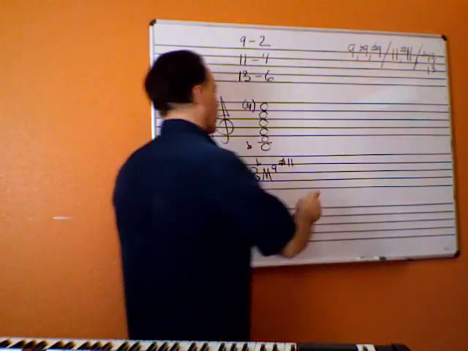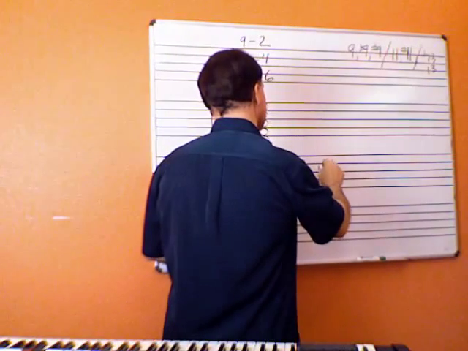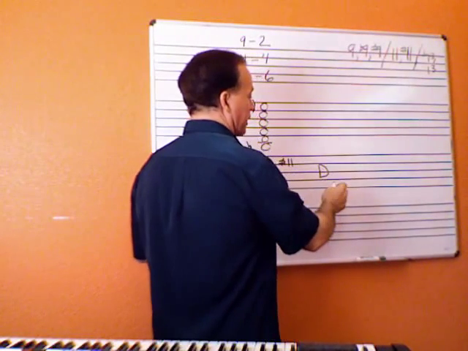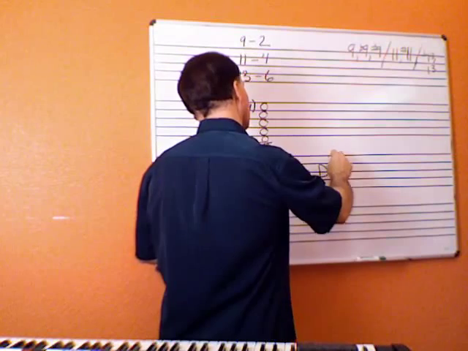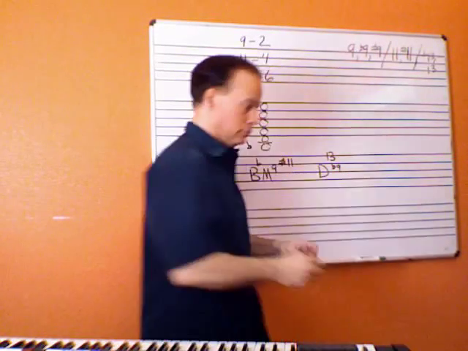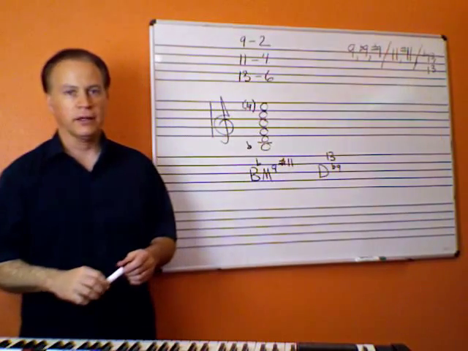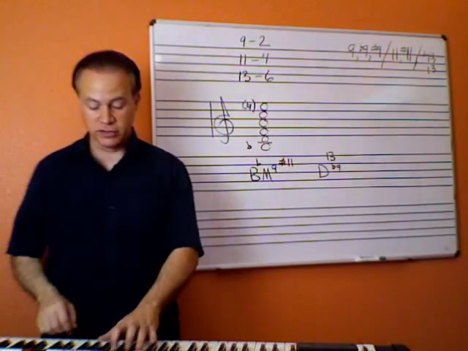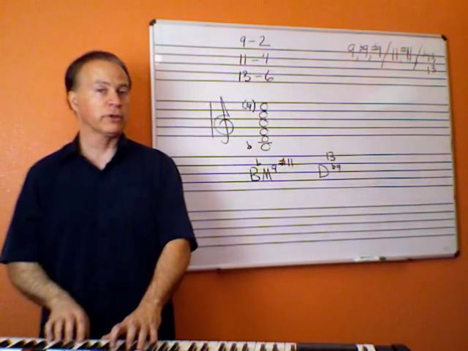Let's build one from, how about from D? This one where I'm going to build a D13 flat 9. Oh, by the way, here's the sound of this B flat major 9th chord sharp 11.